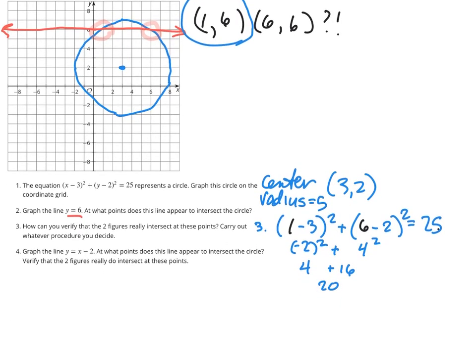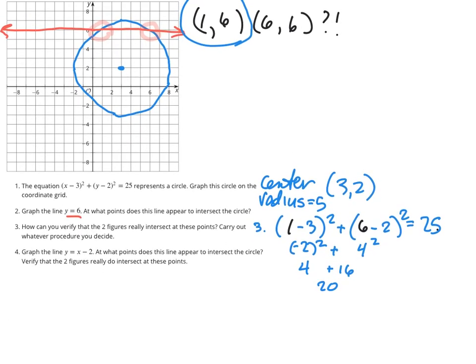Actually, I looked at the answer key. I knew one of mine wouldn't work because my drawing is so bad. All right, so let's plug in 6 and 6. So 6 minus 3 is 3 squared. 6 minus 2 is 4 squared.